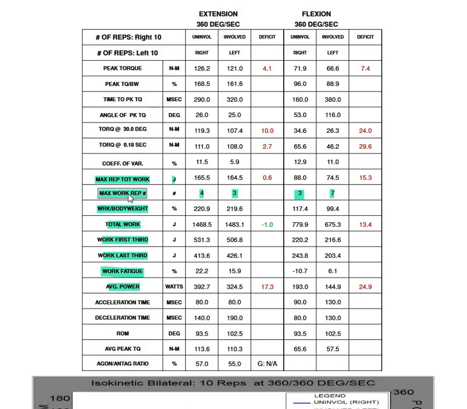So with higher repetition tests, like the one we have here, we place more weight on the max work repetition. Now ideally this should be repetition 1 or 2 at the highest. If we start to see the max work repetition being anything higher than repetition 1 or 2, particularly in this case where we see a 7, which is particularly worrying, we'll highlight that in red just to stress our concern.